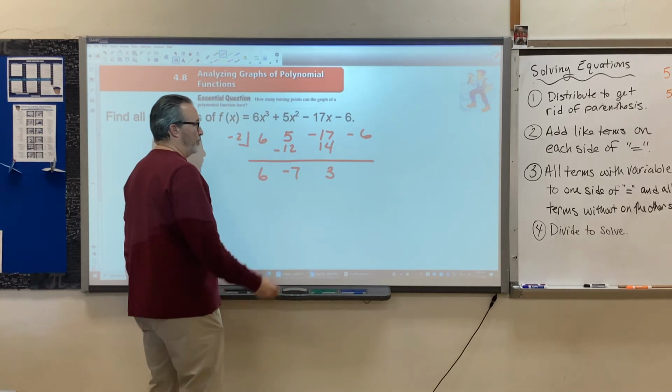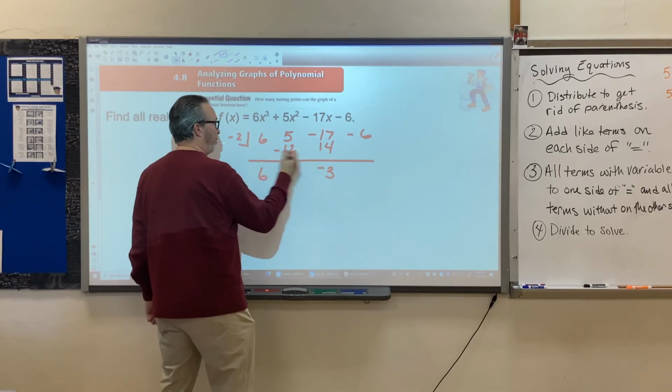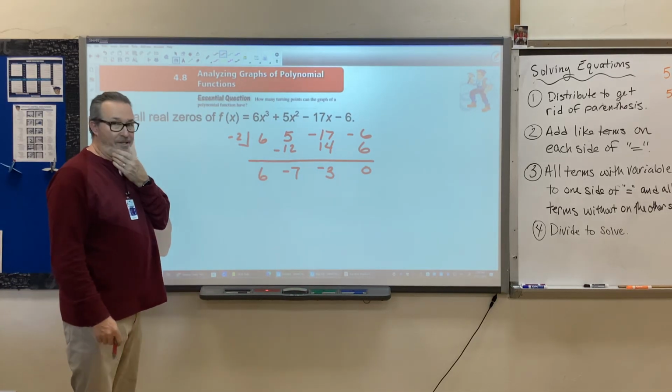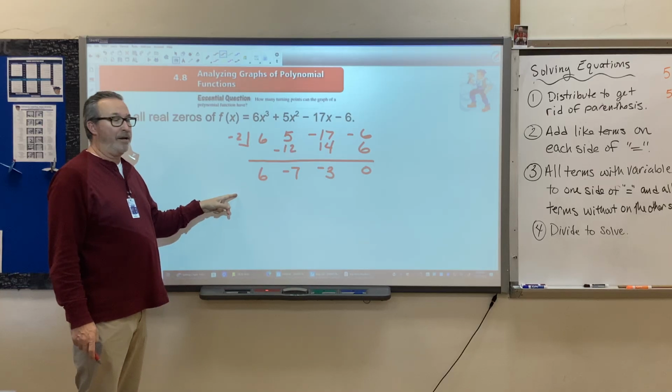Ooh, -3. And then we can find the last two by using the quadratic formula.